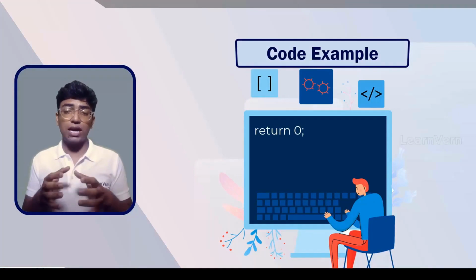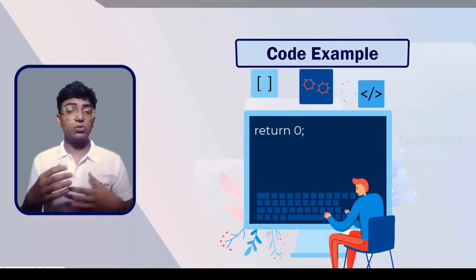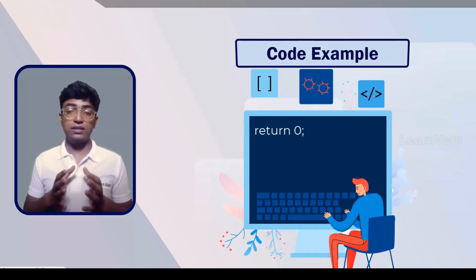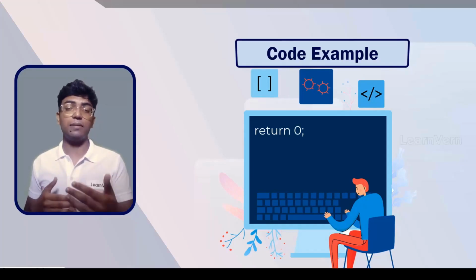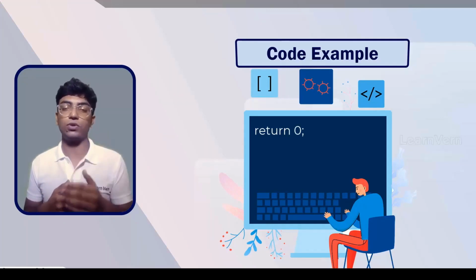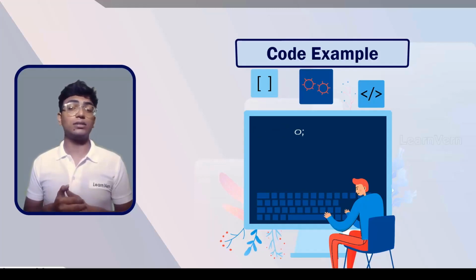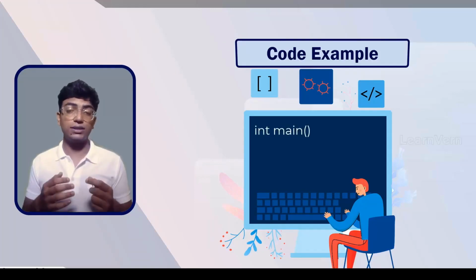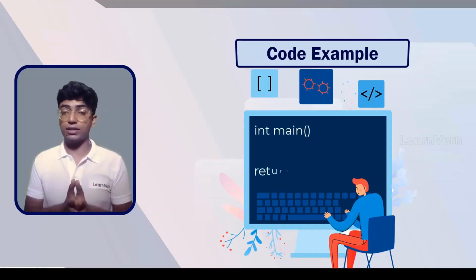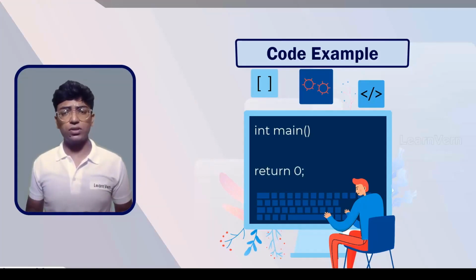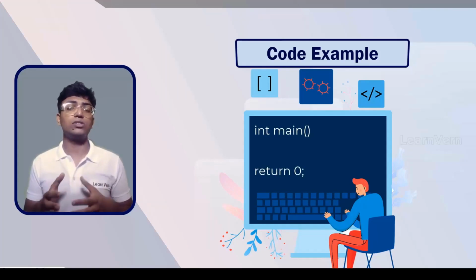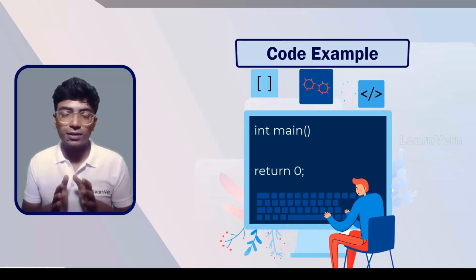This return 0 line that you are able to see works in the same way. The way the wall is telling you that here your house has ended. So from where did our main function start? From where main is written, and where did it end? At return 0. Whenever we see return 0, you should understand that your main function has ended.